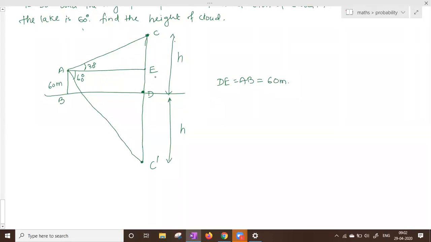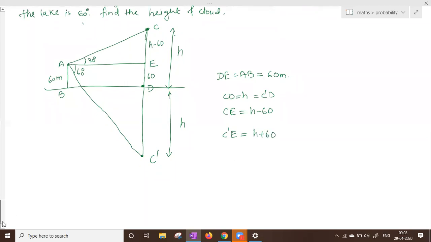So CD is equal to H. So CE is equal to H minus 60. Now for this triangle, for considering 60 degrees, we need C dash E. So what is C dash E? It is H plus 60, right?